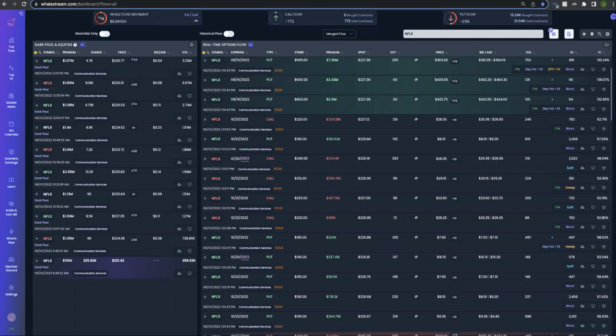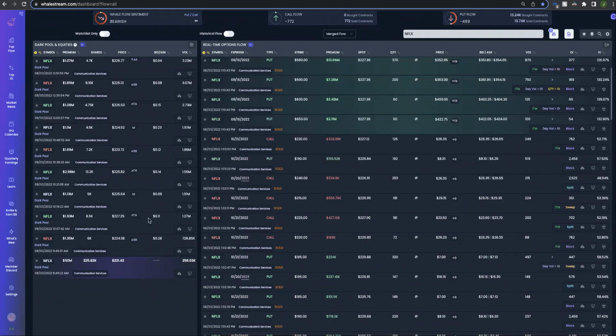For the ones that seem to have been reported on time, we're matching up the bid and the ask for those trades at the time, using the timestamp. We're taking the timestamp, matching it against the bid and the ask, and determining an assumed side of trade.